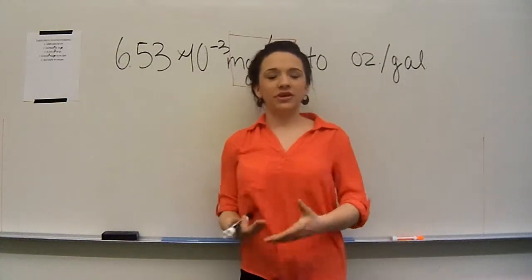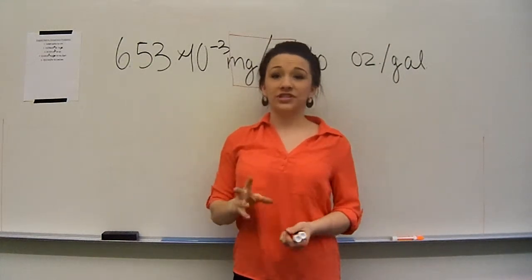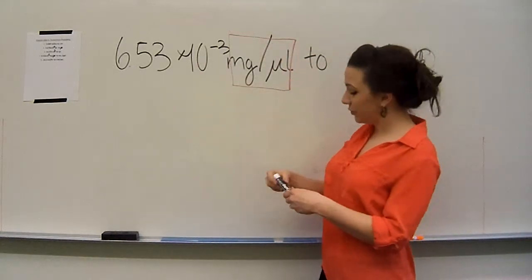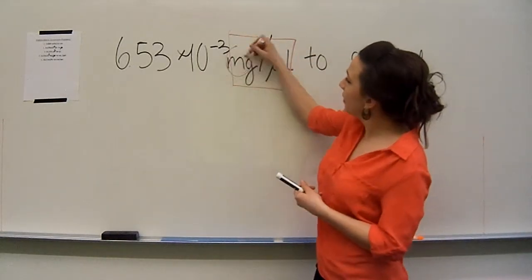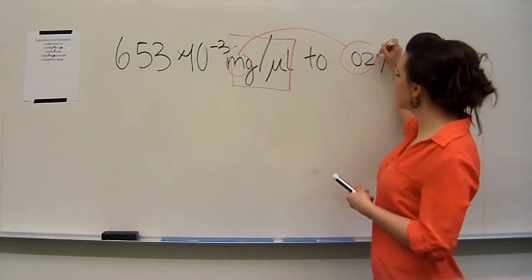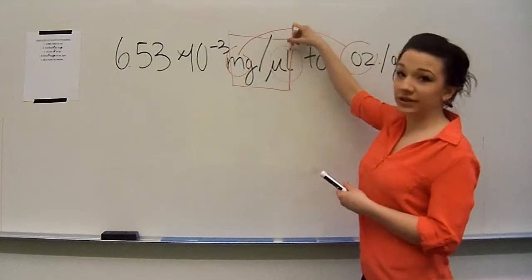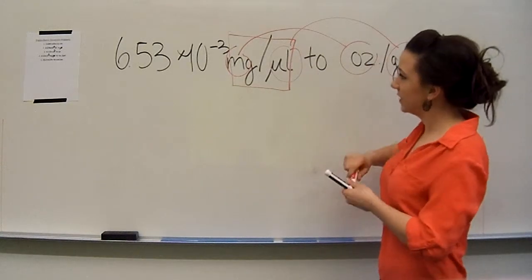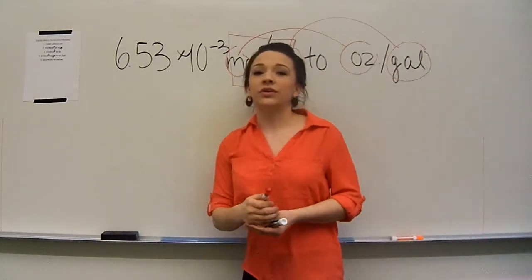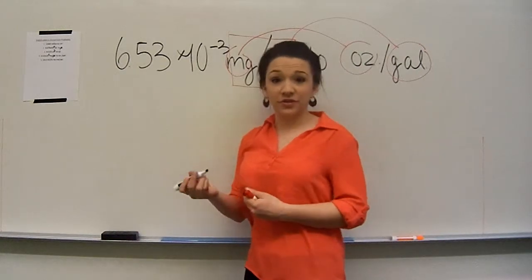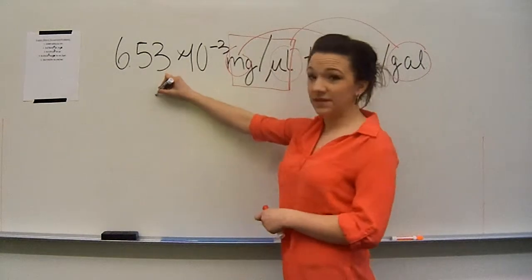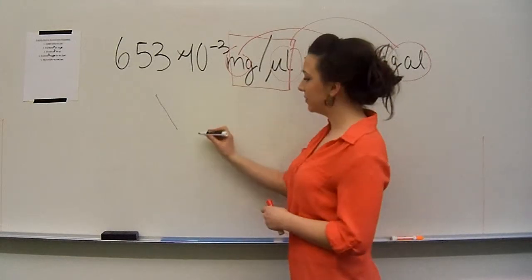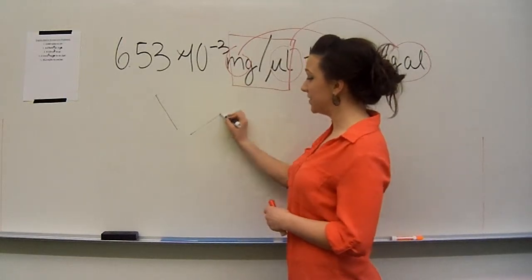When you have these problems, you're going to break them into two parts. For this problem, you will be converting milligrams to ounces and microliters to gallons. The diagonal in the first three problems went from the top to the bottom, but in this case, in the second step, you will go from the bottom to the top.